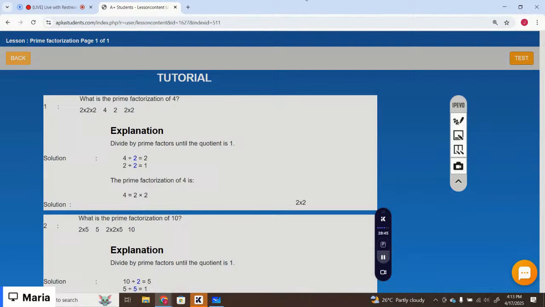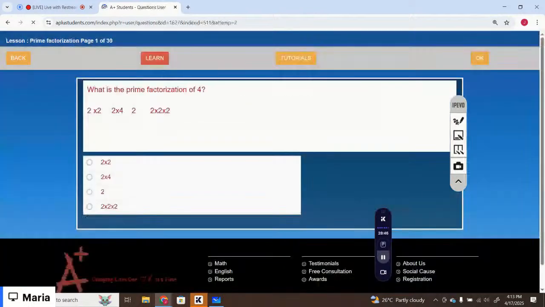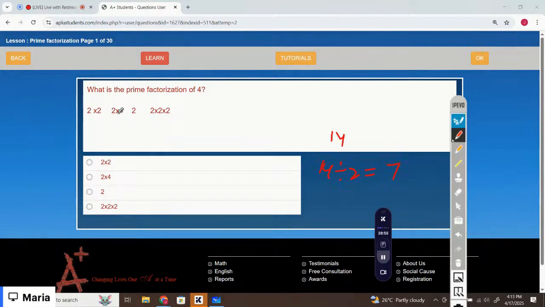Let's just start with the test question so that we can do more practice questions. What is the prime factorization of 4? So, how do we find the prime factors? Here, you have to find the prime factors of 4.